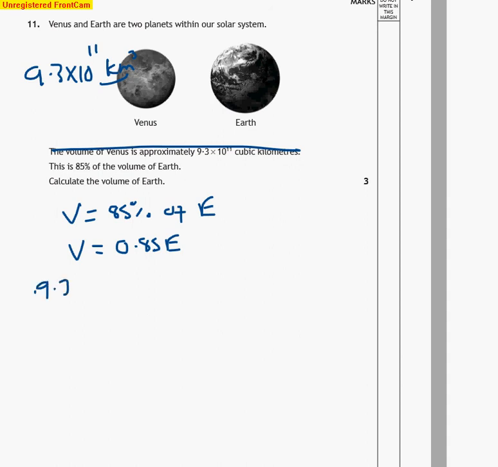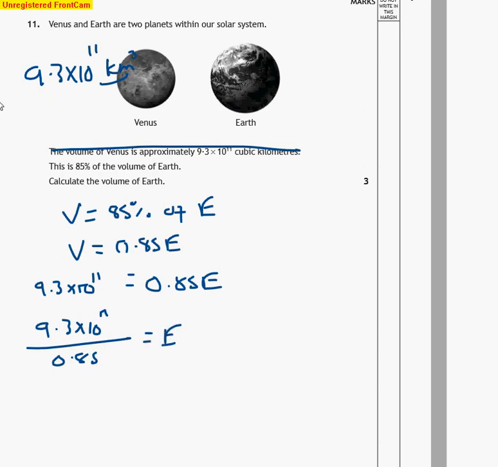So we'll say that's 9.3 times 10 to the 11 is equal to 0.85 E. Handwriting does just get worse and worse. So Venus is equal to 0.85 times Earth. To get Earth on its own, we're going to do 9.3 times 10 to the 11 divided by 0.85. And that's going to give us Earth.